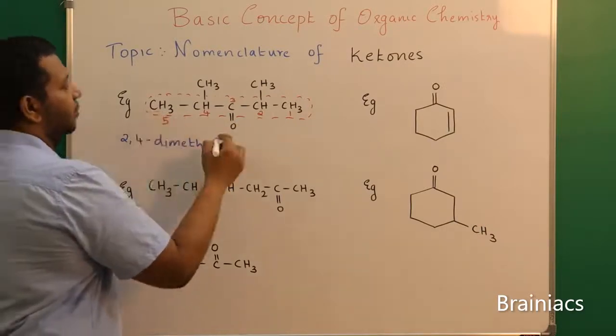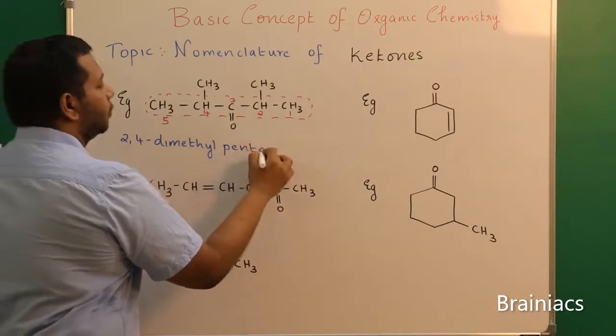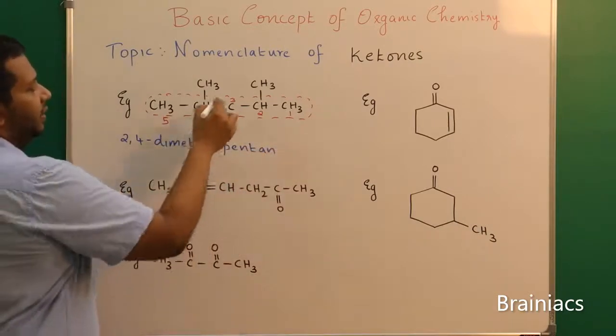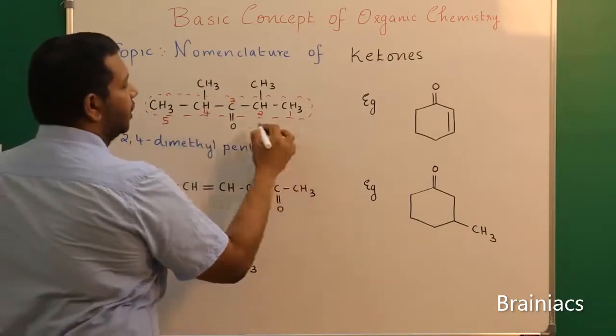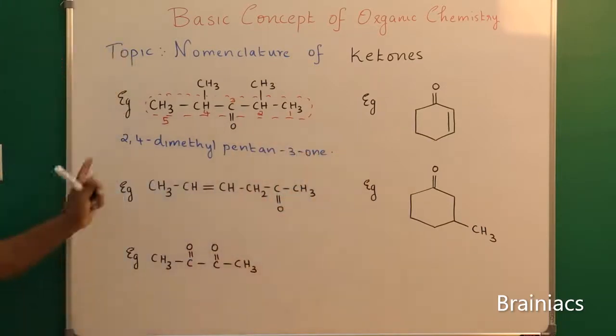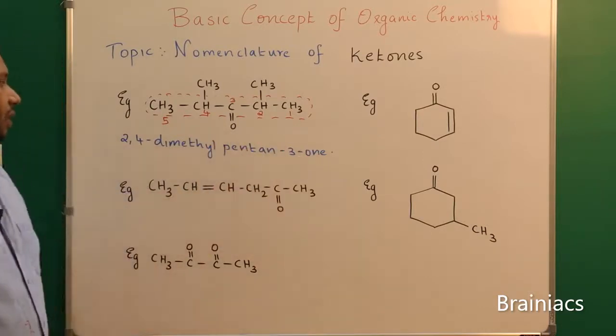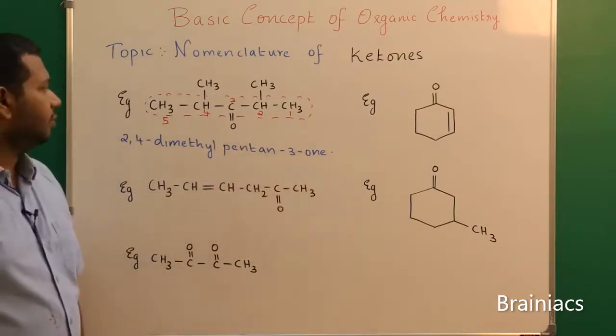Five carbon atoms means pent is the word root. All are linked through single bonds, so pent-en. At the third position you have the secondary suffix, 3-one. So my answer is 2,4-dimethylpent-en-3-one. Understood? Now we will go to the next example.